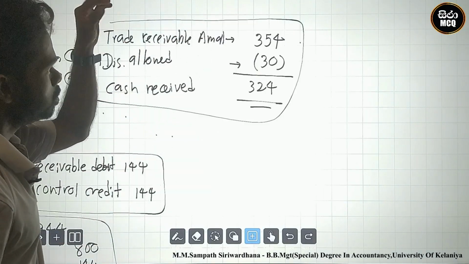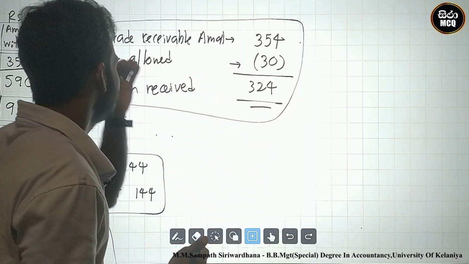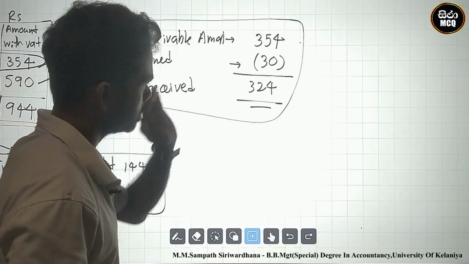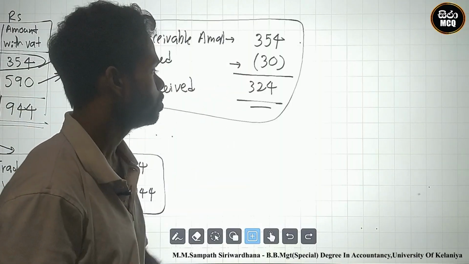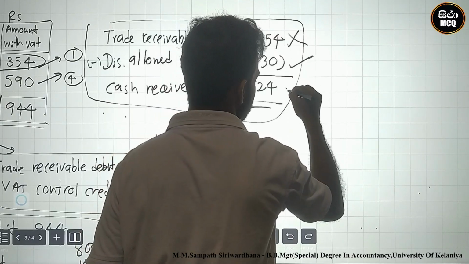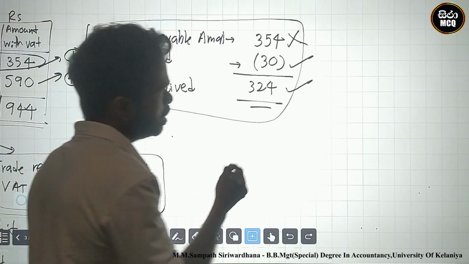There is a trade receivable amount from Amal of 354 with VAT, discount allowed 30, and cash received 324. This time we ignore the 354 amount, and transactions are created for the other two amounts. Discount allowed, what is the double entry?